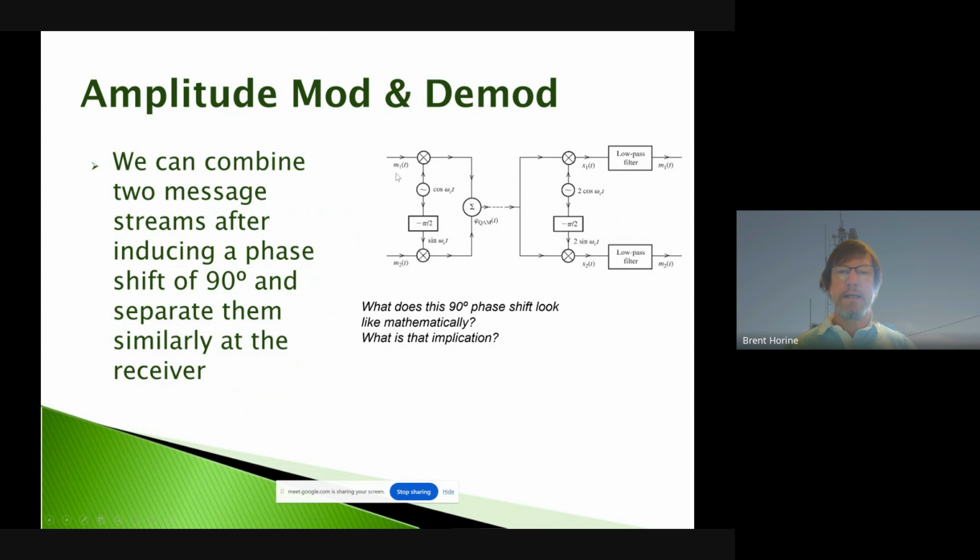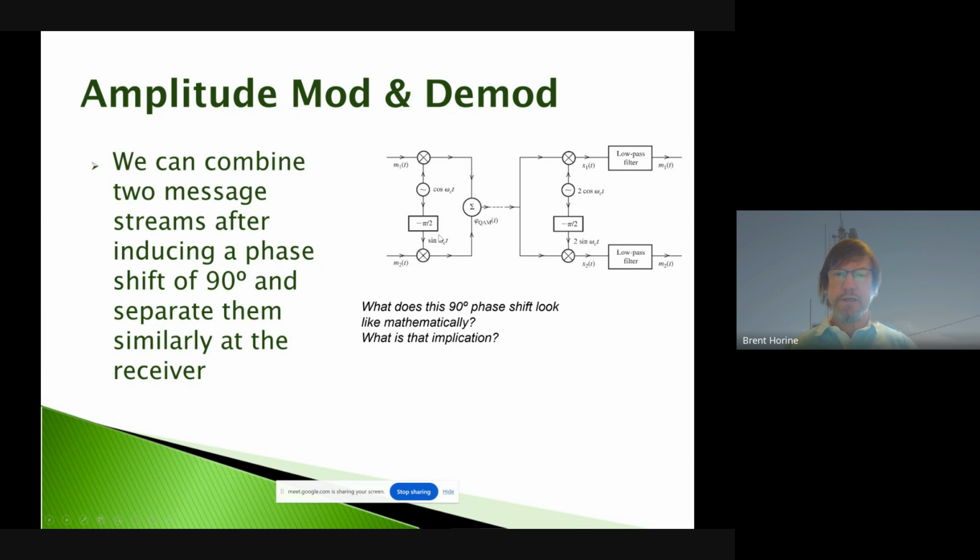So we can take two different messages, an M1 and an M2. Now this actually might be an I component and a Q component, or a quadrature component of M. But we can take M1 of t and M2 of t, and now instead of just multiplying by cosine omega ct, looking at this top branch, we can do a phase shift by 90 degrees of this carrier frequency.